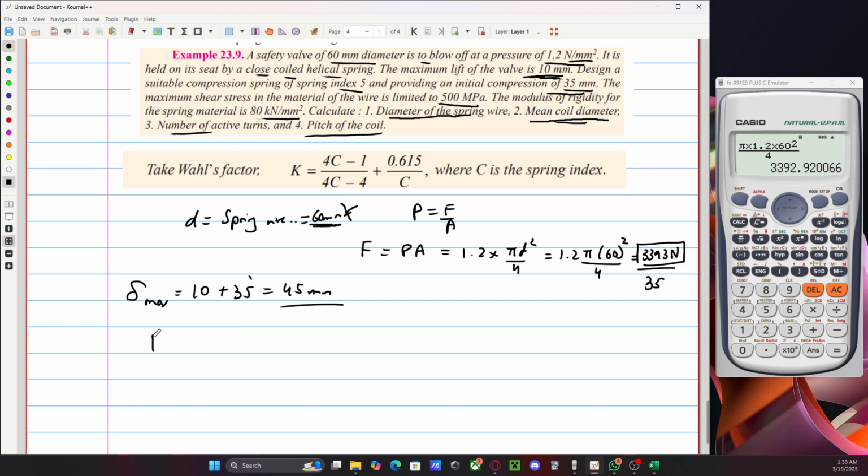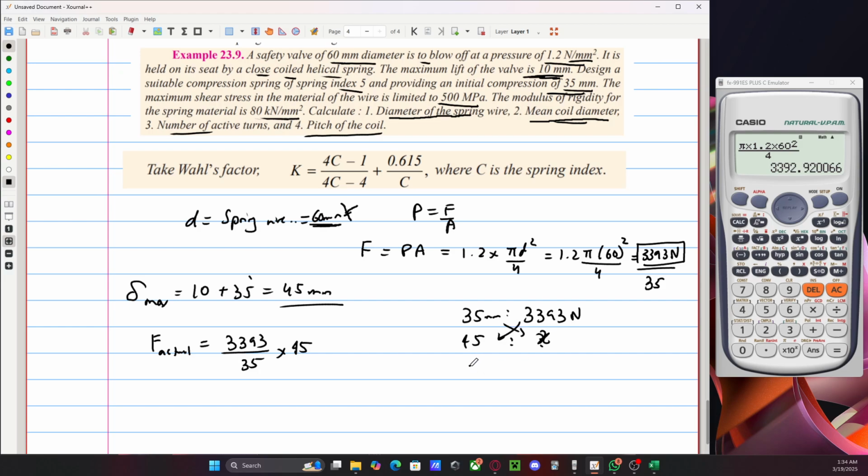So what would this be? The actual load would be 3393 over 35 times 45. If you want to visualize this, imagine you have a 35 millimeter extension, which gives you a corresponding value of 3393 newtons. You want to work out what you get for 45. You just cross multiply.